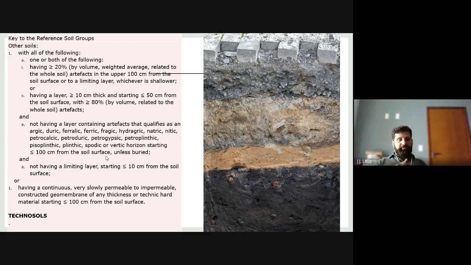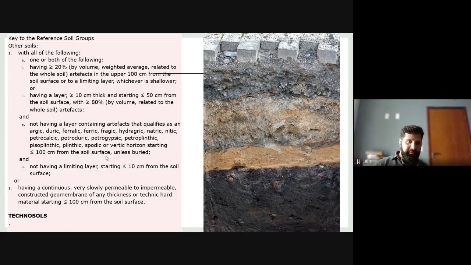Or the technosols also have a continuous and very slowly permeable to impermeable constructed geomembrane of any thickness, or technic hard material that starts up to 100 centimeters from the soil surface.